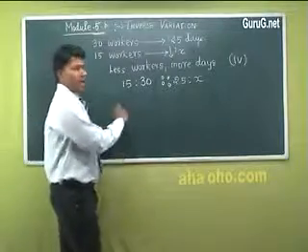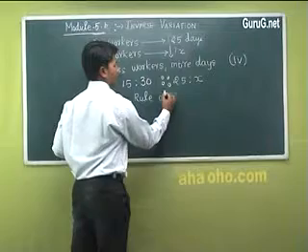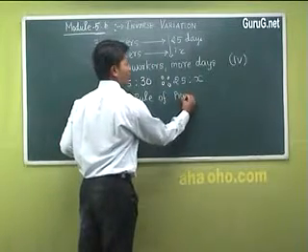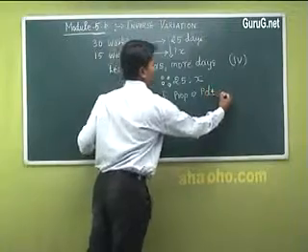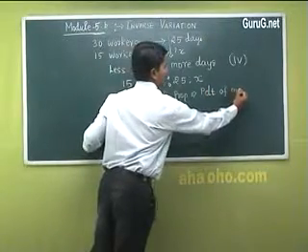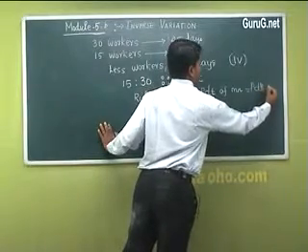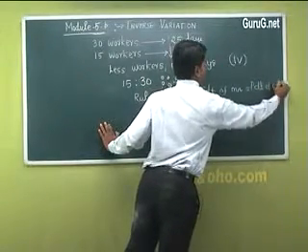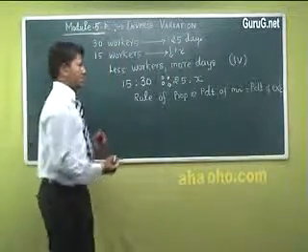Now we can apply the rule of proportion. What is the rule of proportion? Product of means is equal to product of extremes.